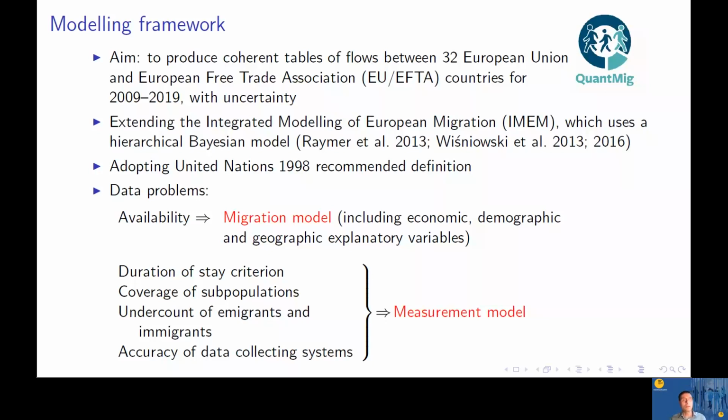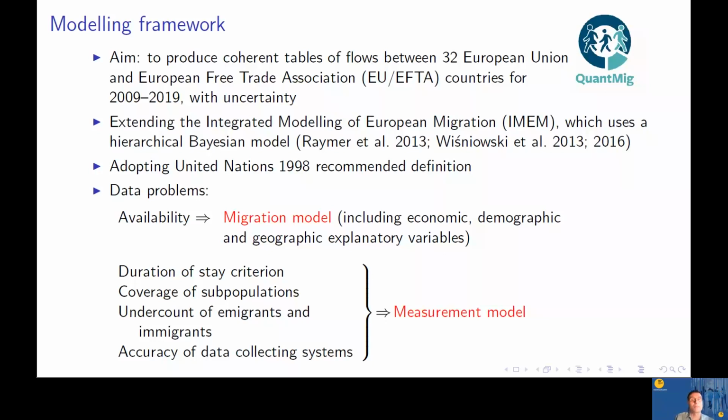We're also going to correct for failure in coverage. So some countries don't include certain subpopulations in their reported flows, such as refugees or students, where the United Nations definition does. So we want to have a correction, again, to adjust for the failure to cover the subpopulations.